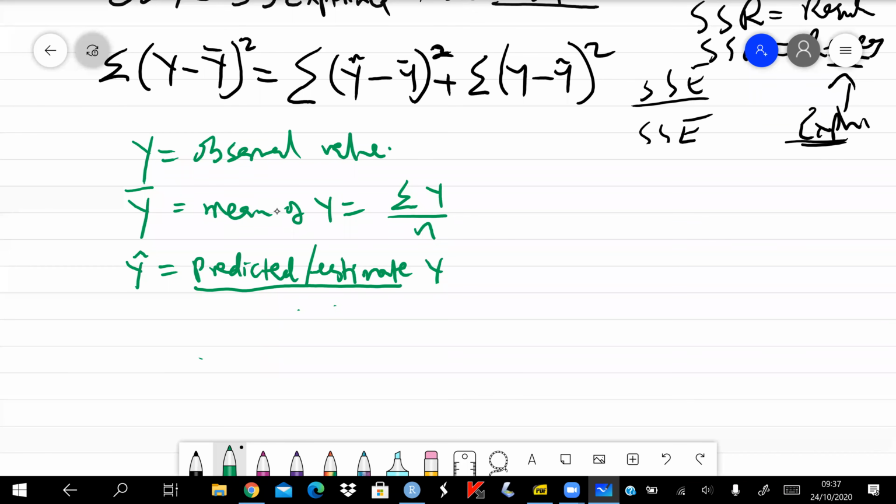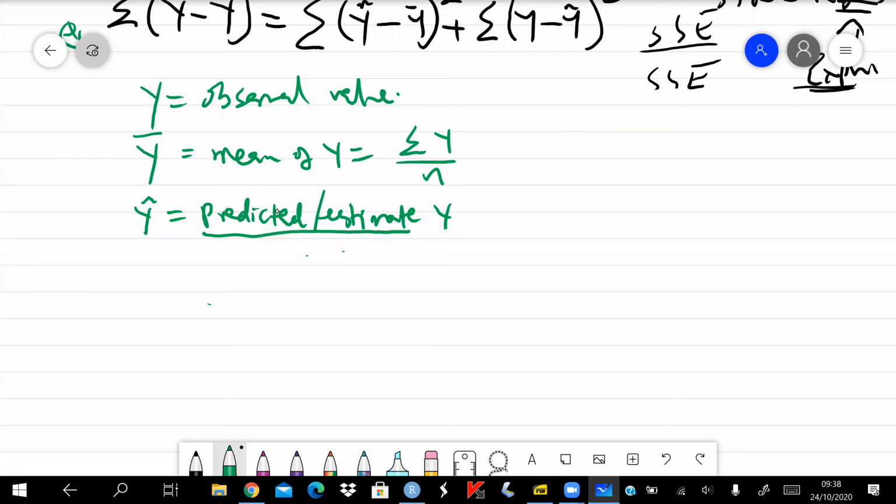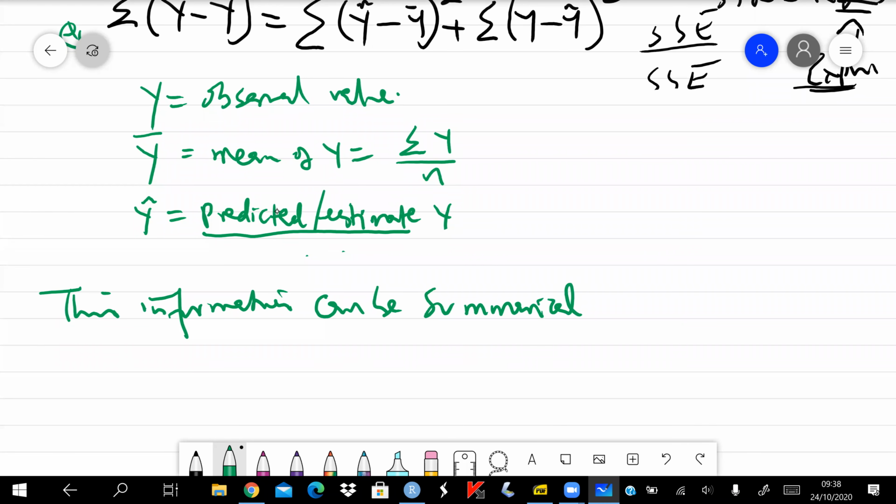Okay, now we are back here. This information can be summarized in a table called the ANOVA table.